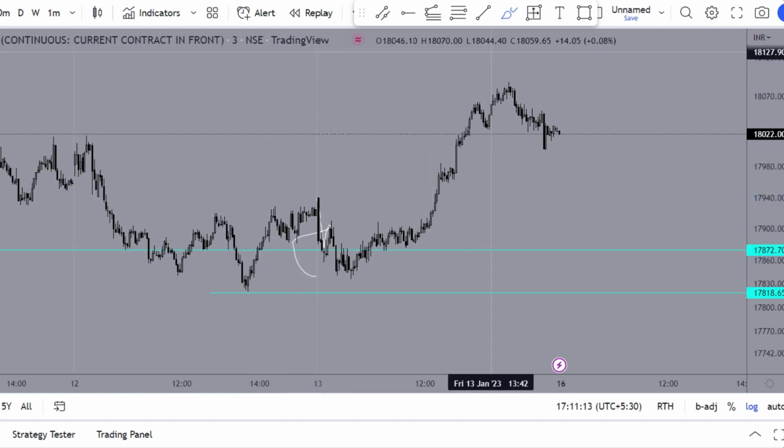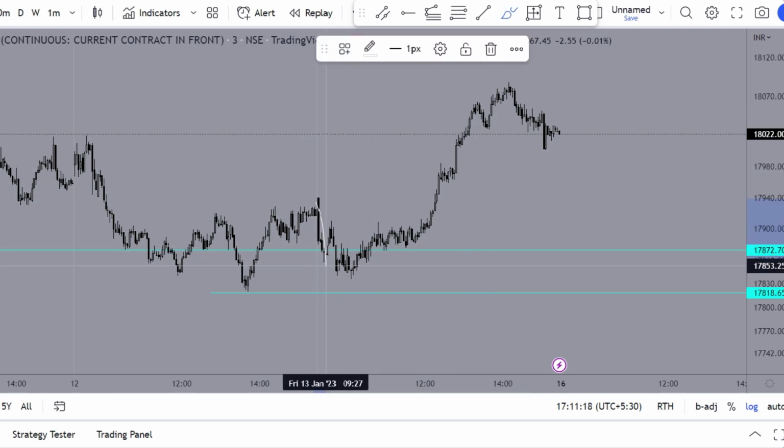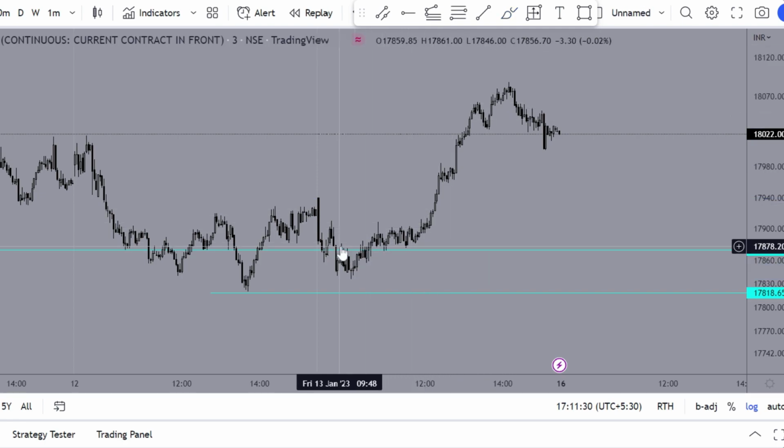Okay, a lower low, lower high, lower low, lower high, and a very small new structure low here. This depicts that the momentum of buyers is pushing in and sellers are getting out of the party.